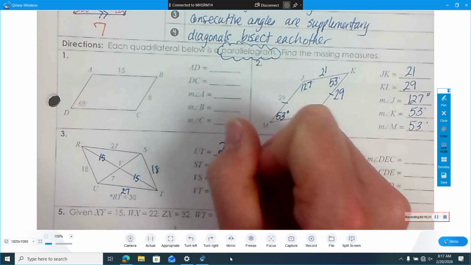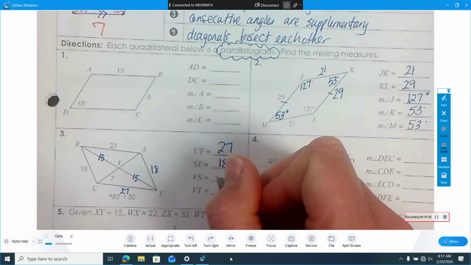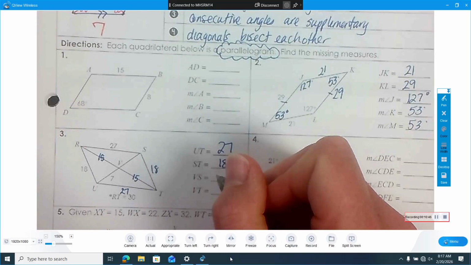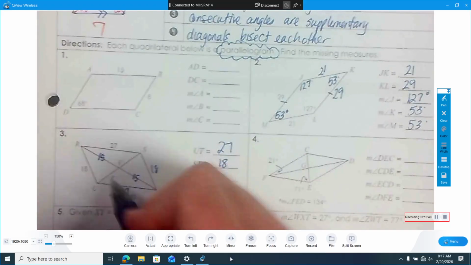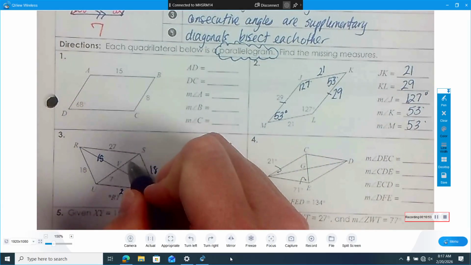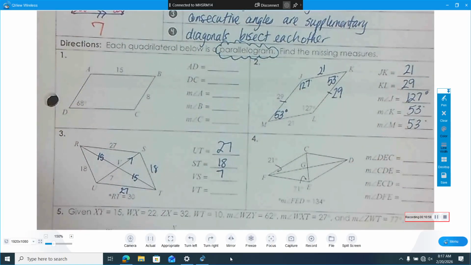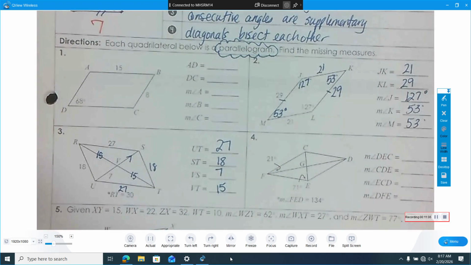All right, so UT is 27, ST is 18, VS. Oh, 7. I didn't even see the 7. Good job, guys. Yes, there's a little baby 7 right there. All right. VS is also 7. Good, good, good. I didn't even see that 7 on the picture. I was like, this is my blind spot. Okay. And so VT is 15. All right, great.